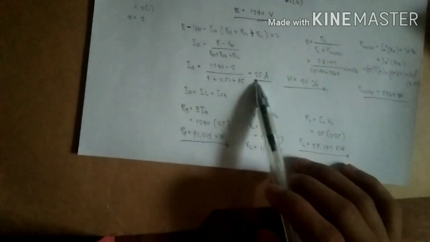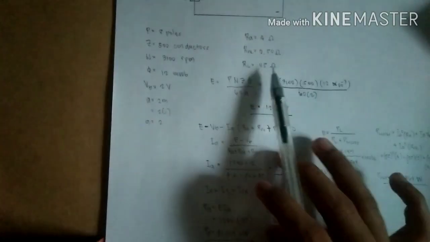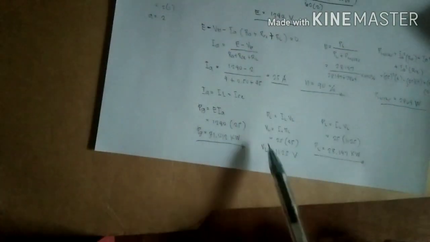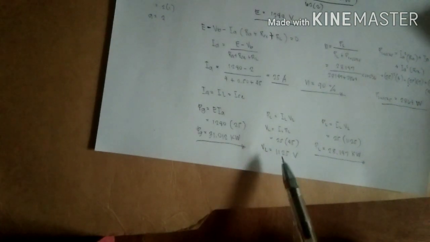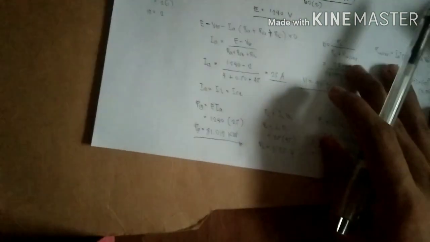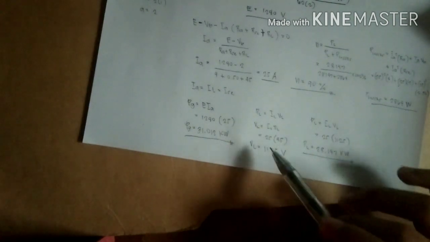IL is equal to IA, so 25 amperes times RL. Our RL is 45, so 25 times 45 is equal to 1125 volts.